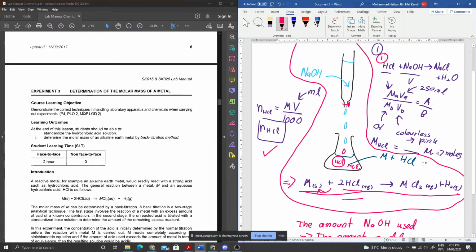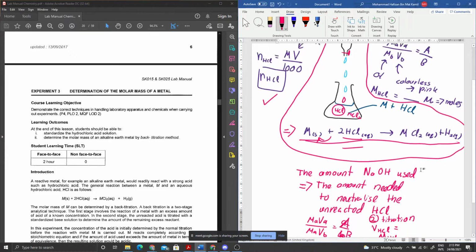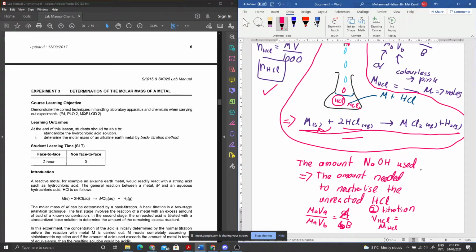So from this you boleh dapat the molarity of unreacted HCl. And then from the molarity, step yang sama, you cari moles. So moles is equivalent to MV over 1000.